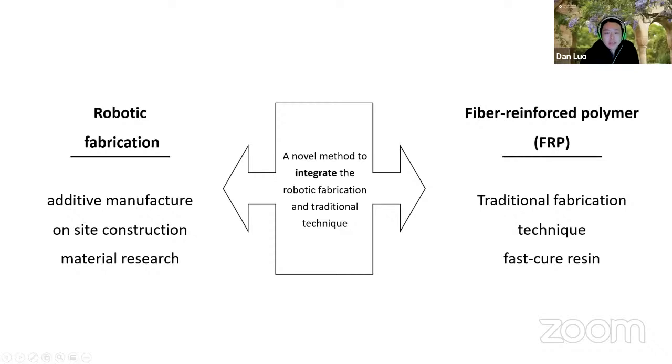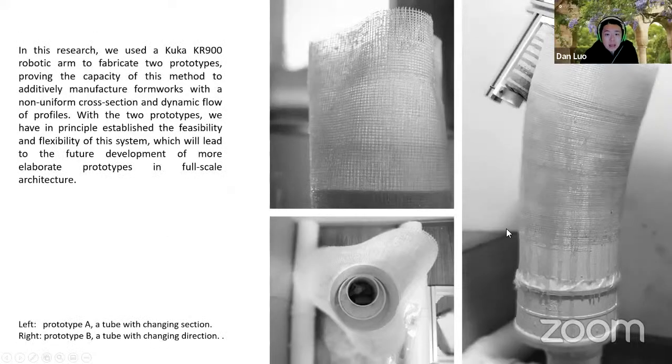So this one is an integrated workflow that combines robotic fabrication and fiber reinforced polymer again. However, the difference between this project and the previous project is that instead of using fibers itself, we're actually using FRP sheets and those kinds of rollers.